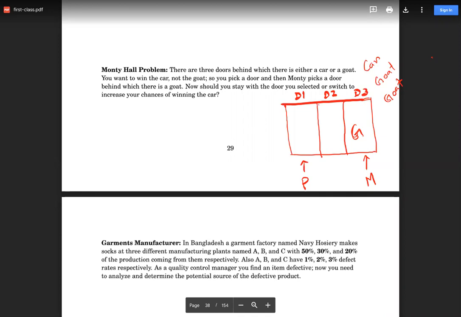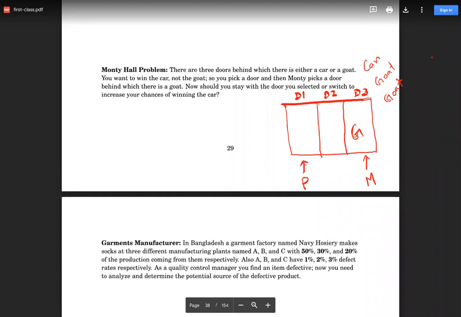Now, to increase your chances, should you stay with the door that you selected, or should you jump to the other door that Monty didn't select? Given that there is only one car behind these 3 doors, and there are 2 goats. Again, 3 doors, you randomly select one door. Let's say you selected the first door. It doesn't matter which door you select. You could select the second or the third one.